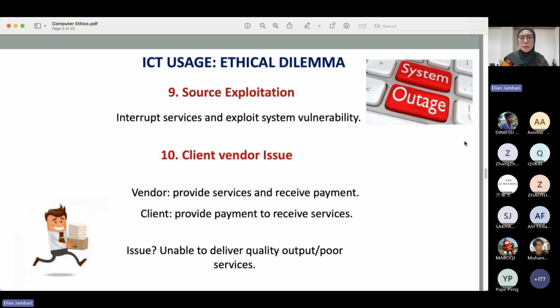Okay, so there's an ethical dilemma of what we need to do in that situations where there are actions taken to our system's vulnerability has been exploited. So hacking happens. How do we respond? The services that we are providing or we are receiving is being interrupted. How? So we will be faced with that ethical dilemma. As a user, how do we respond?